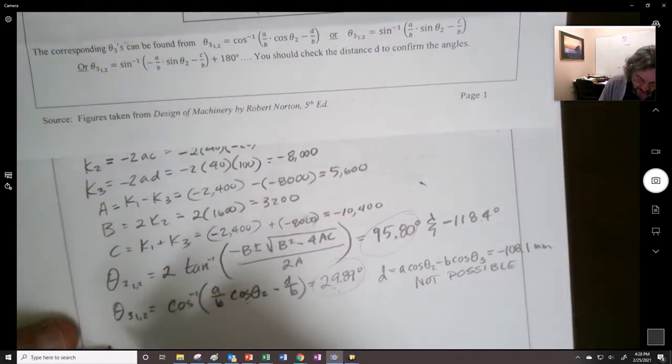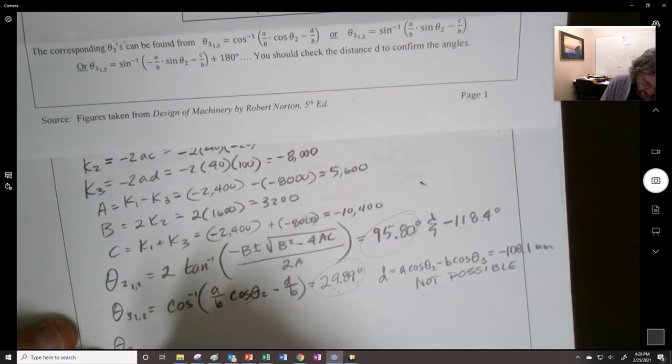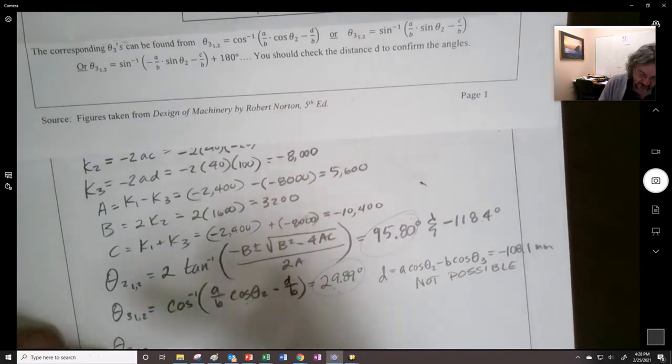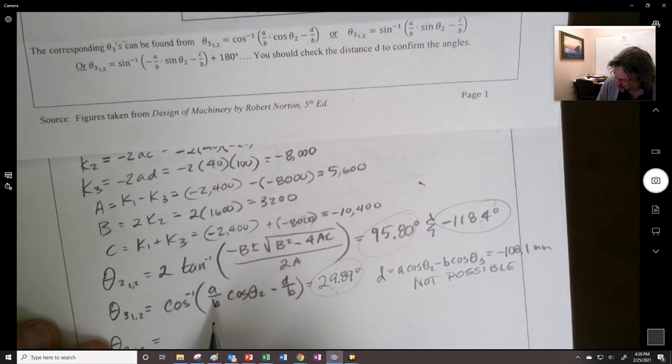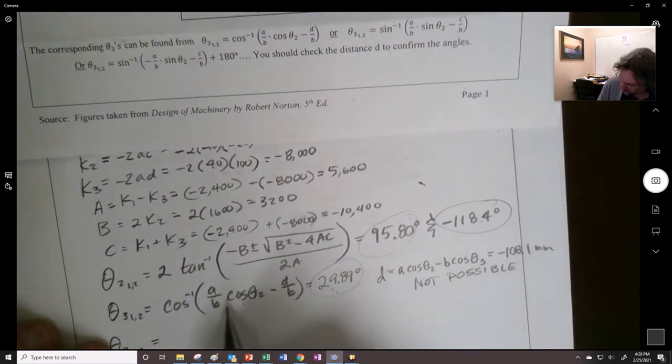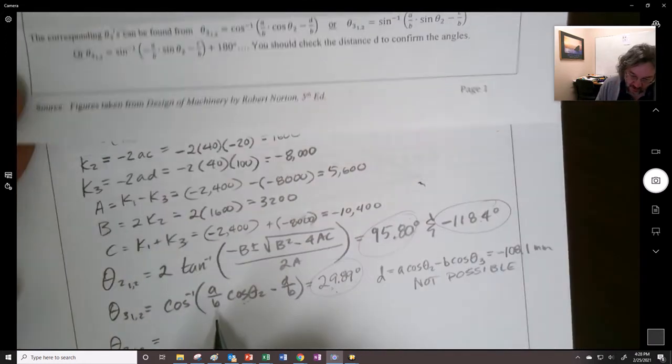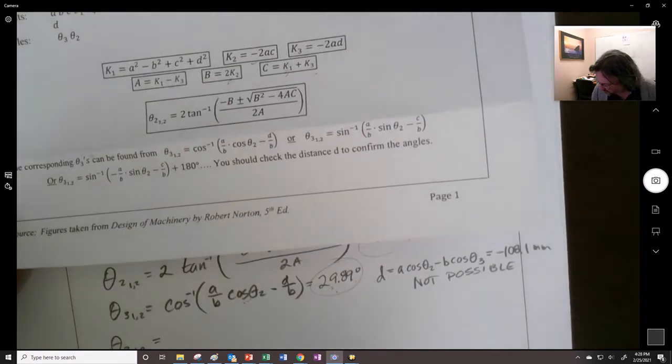Something else I'm going to get is a theta 3, 1, 2 right there. I didn't mean to put a comma in there, but that's supposed to be a subscript. I'm going to try out my other angle and put it back in. Okay, let me see another second here.